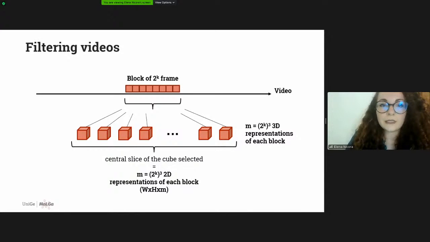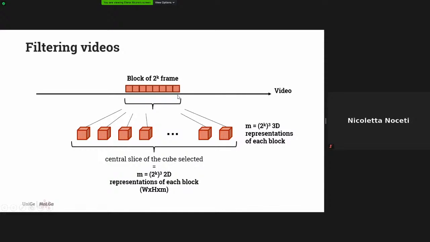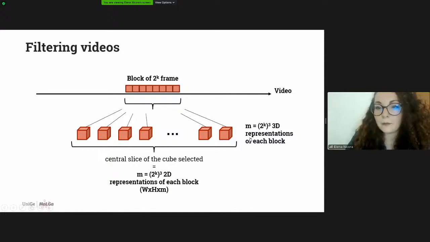So we take a block of 2 to the power of k frames. We apply all the m filters of the family, and we end up with m 3D representations for each block.